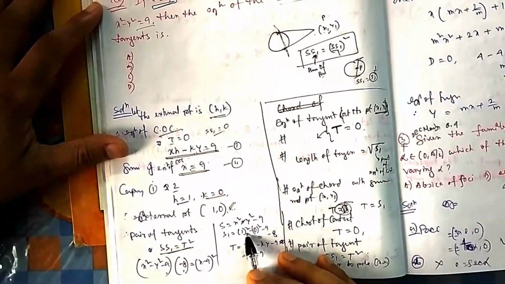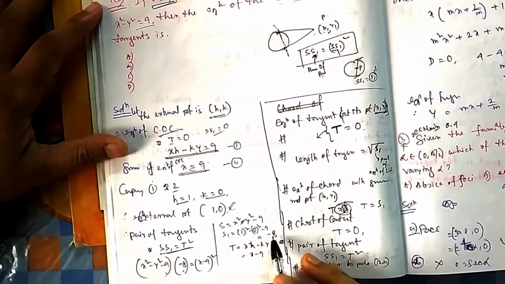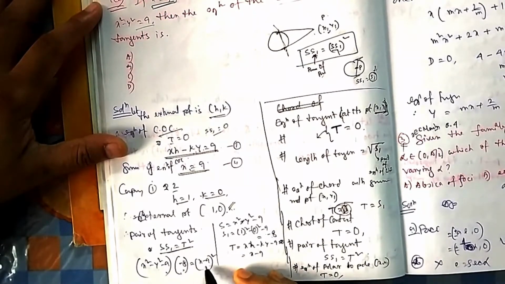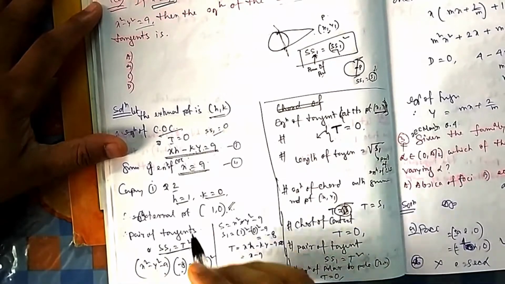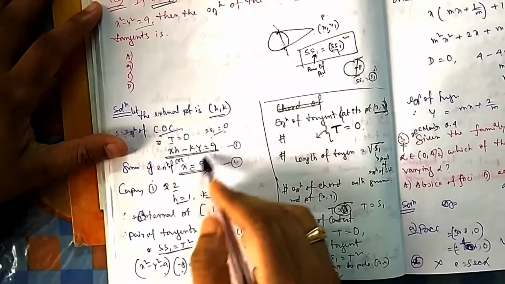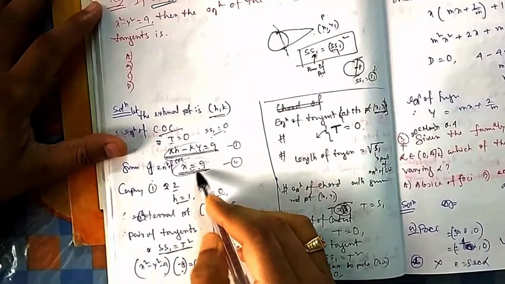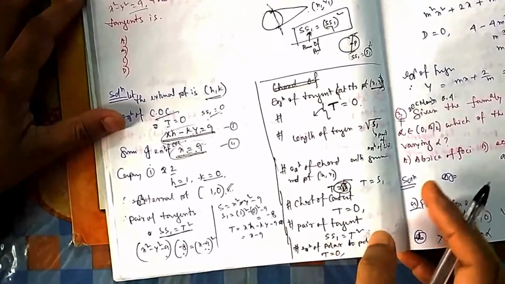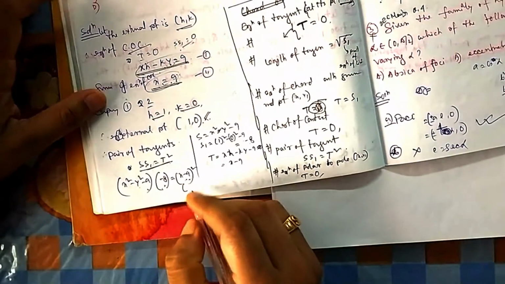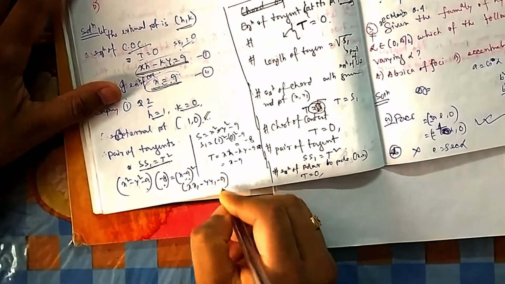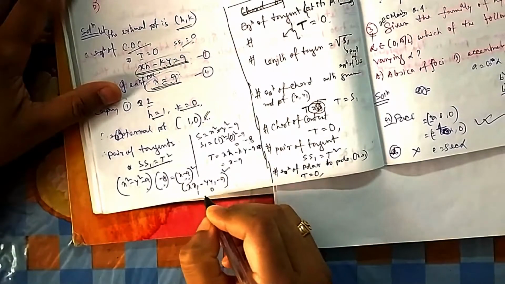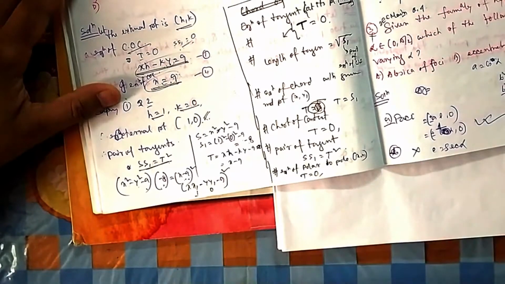You put the point 1 comma 0 here, this is the power of the point, minus 1. And what is T squared? What is T? T is xx1 minus yy1 minus 9 equal to 0, and so on. Since x1 is 1, y1 is 0, it will obviously be x minus 9.